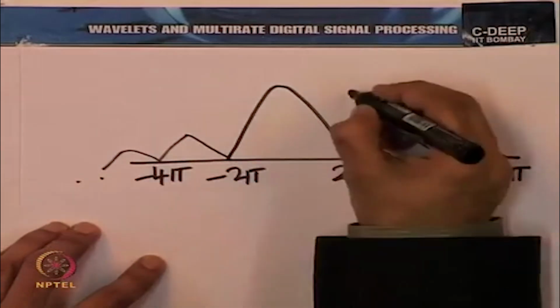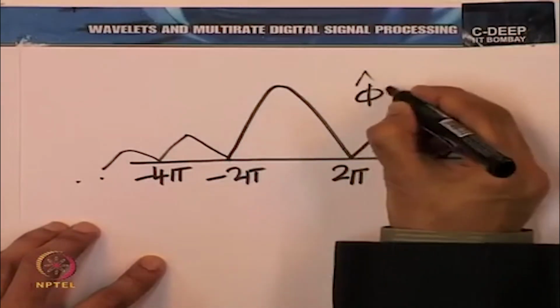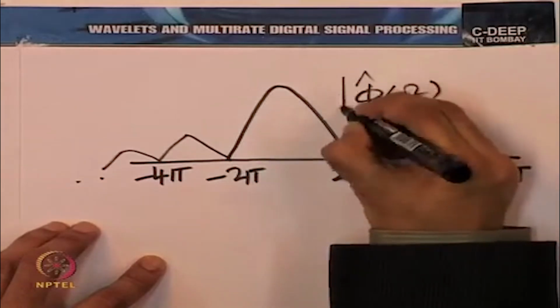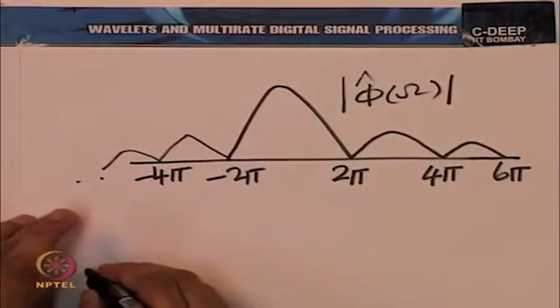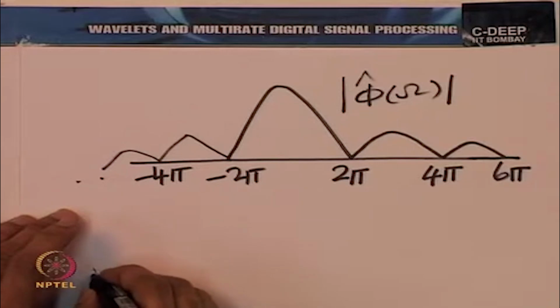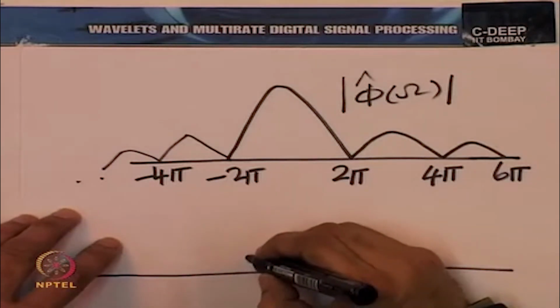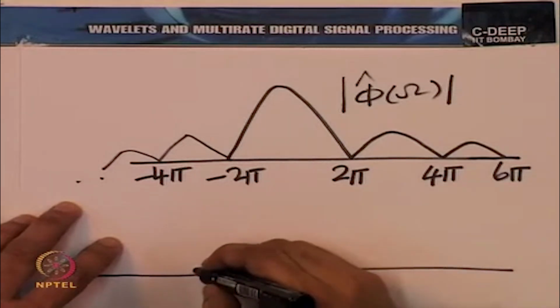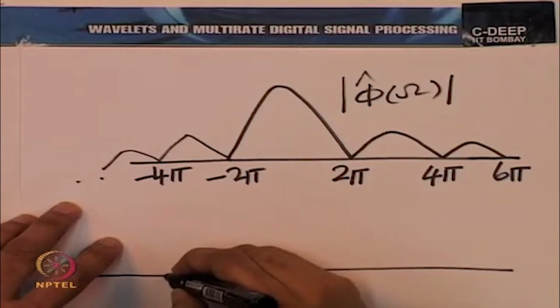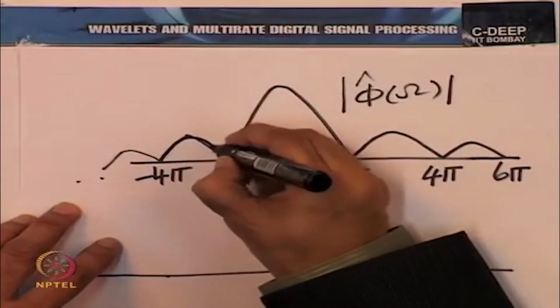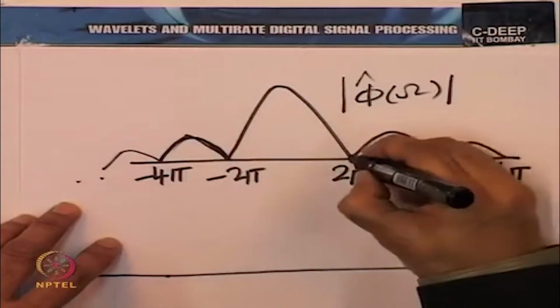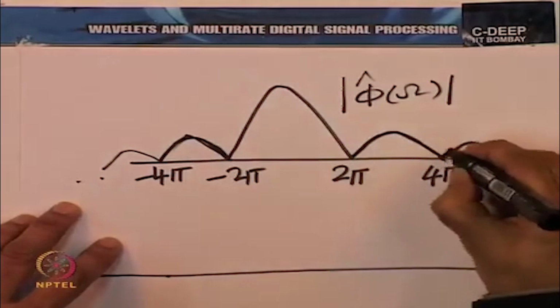And so on. I am just sketching mod phi cap omega, and here I sketch mod phi cap omega by 2 multiplied by half. Of course, this should be smooth here, all these are smooth.